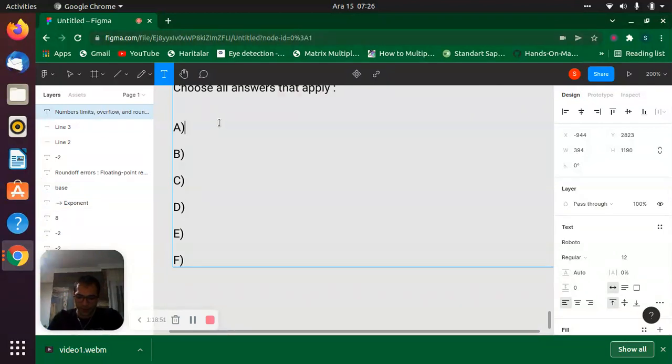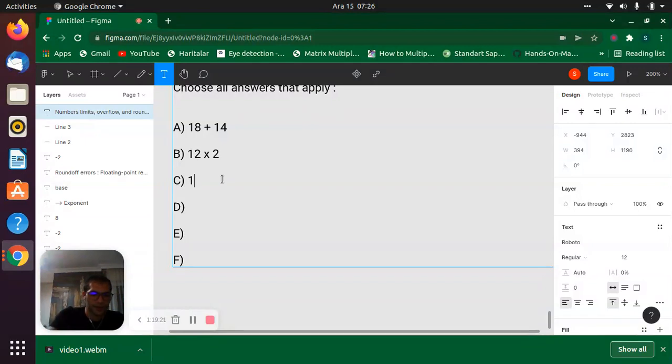The first one is 18 plus 14. The second one is 12 times 2.